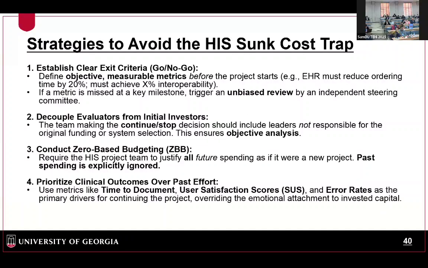We need to decouple the evaluators from the initial investors. The team making continuous decisions should include leaders not responsible for the original investment or the system selection. Otherwise, there will be attachment to the original investment. The third is to conduct zero-based budgeting. And the fourth is to prioritize clinical outcomes of past efforts.